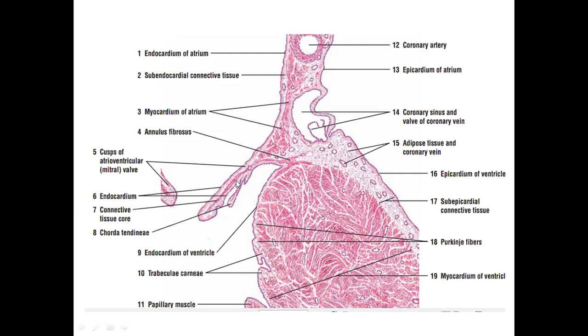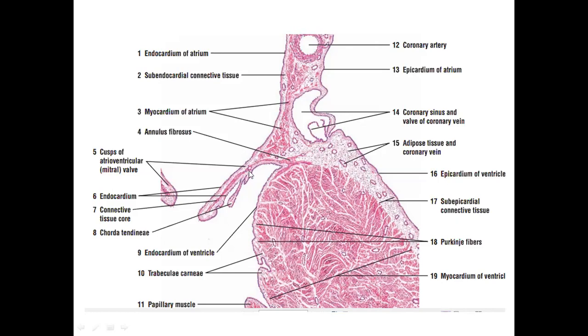It is actually a dense irregular connective tissue, and this dense irregular connective tissue is the continuation of the annulus fibrosus. This annulus fibrosus is forming a dense irregular connective tissue skeleton, or you can say that this is the part where all the muscles of the ventricles, myocardium, and atrial myocardium have their attachments.